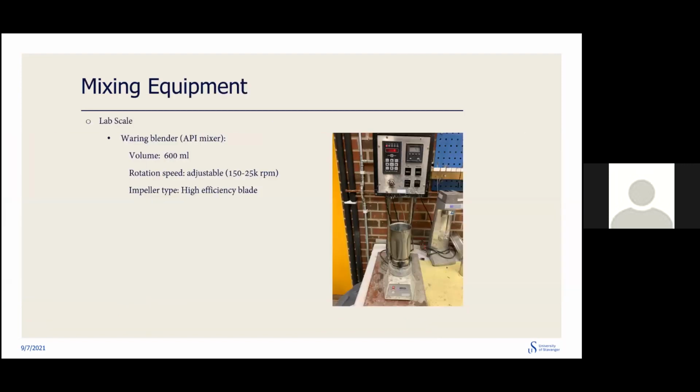So what I've used in my project, the first one, is the varying blender mixer, which is recommended by API for preparing fluid in the laboratory. It contains around 600 milliliter of slurry, with an adjustable rotating impeller, which is the high efficiency blade type.